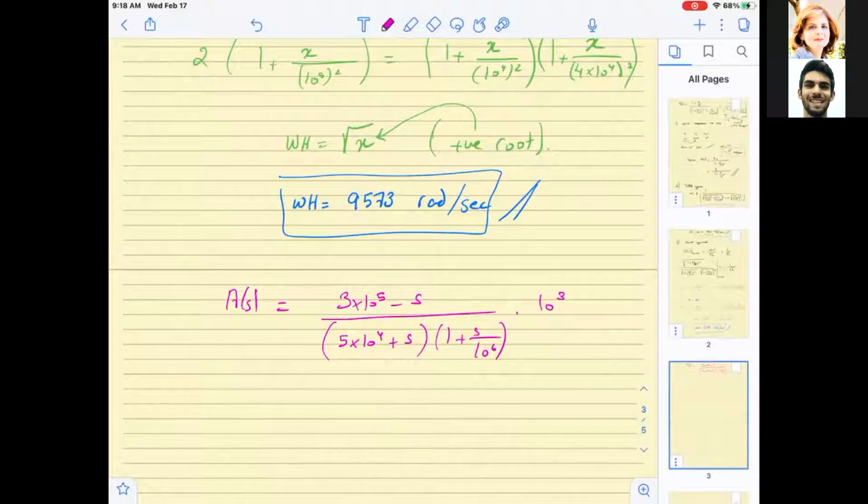So how do I want to reduce my form always? I want to reduce it into the form of some A_m times (1 plus j omega over omega_zi) over (1 plus j omega over omega_pi), right? So I want to make sure that those terms are 1 plus s over something or 1 minus s over something, plus or minus s over something.